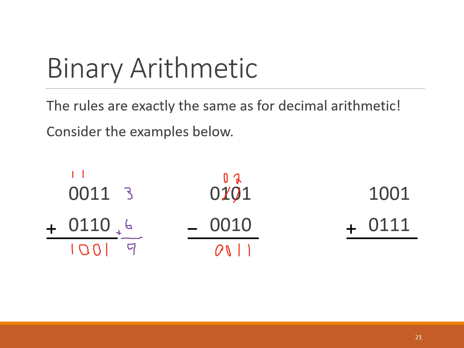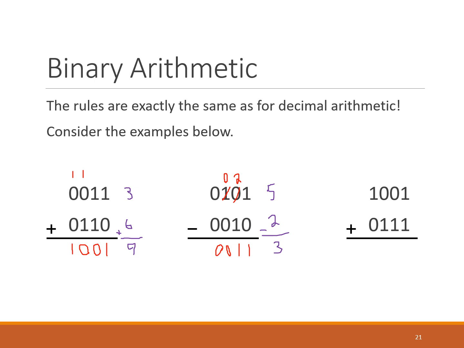Again, we can do a similar thing to what we did with the first operation, and convert these numbers to their decimal equivalents. 0101 is a decimal 5. 0010 is a decimal 2, and 0011 is a decimal 3. So again, confirming that we did that binary arithmetic correctly.